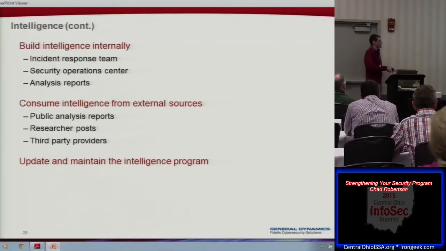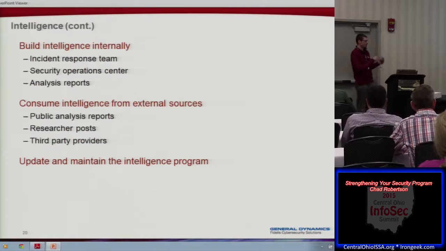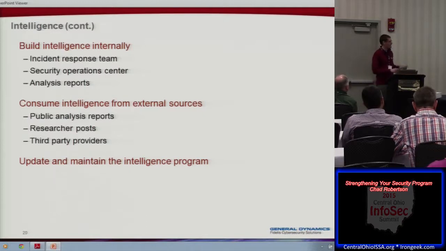And so you have all these external intelligence streams, and then you have internal intelligence streams. The incident response team is responding to incidents, and as they do, intelligence is being built with that. That intelligence can be funneled back into your intelligence program, into the Security Operations Center, as well as the analysis reports that are the output of those capabilities.